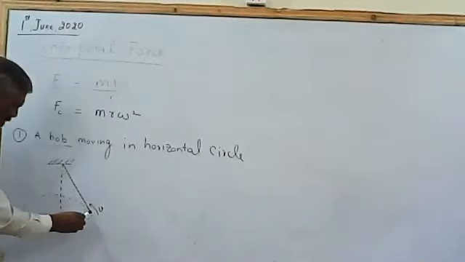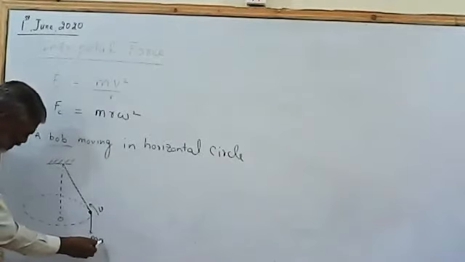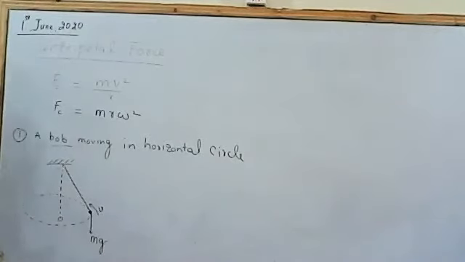If m is the mass, naturally mg will be the weight acting vertically downwards, and tension T is acting in this direction along the string while it is making an angle theta with the vertical. So we need to understand the geometry of this figure. This tension in the string must be having 2 components.